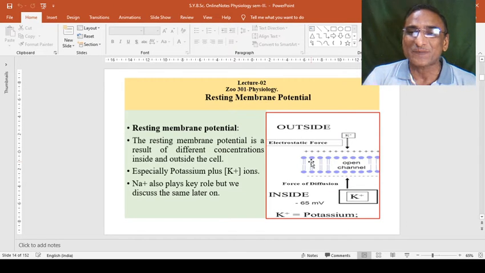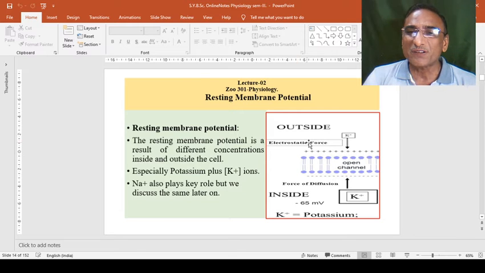So in a resting membrane potential, whenever the cells are at rest, or the animal or tissues are at rest, the natural activity is that the potassium ions move continuously inside and outside as per the requirement of equilibrium, or balancing, of the biochemical elements.